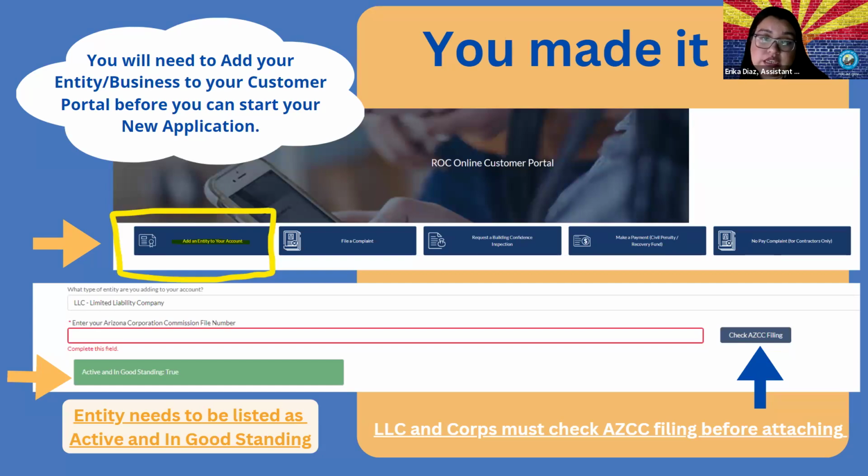That is how we link to the Arizona Corporation Commission to make sure your status is active and in good standing. And again, when you are applying for the license, make sure that you match the personnel. That is how we ensure that we are entering everyone who is required to be on there. Follow along through the online portal and adding your entity. It'll give you all that information for you.